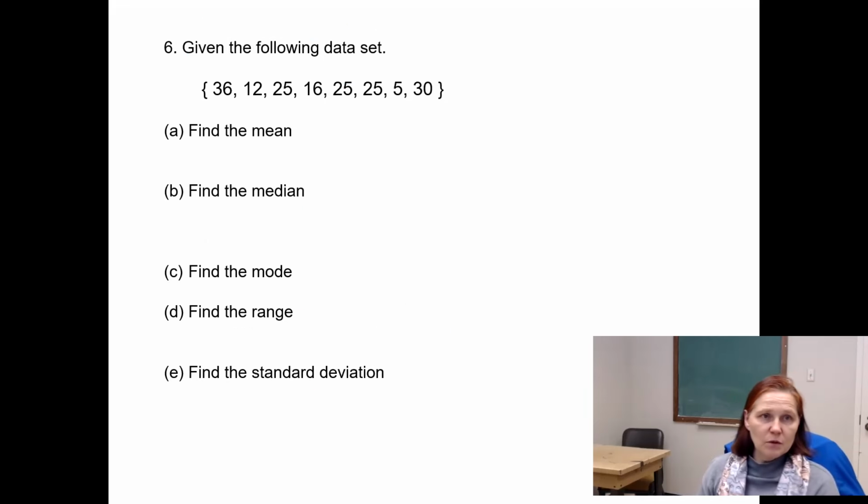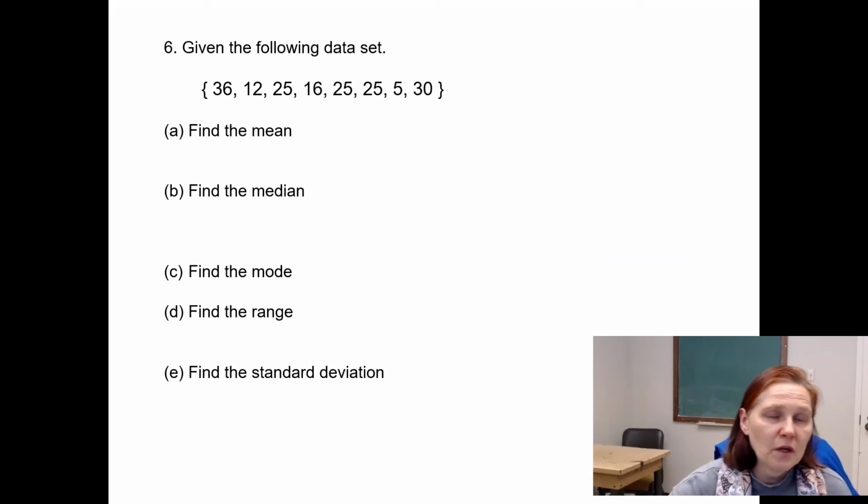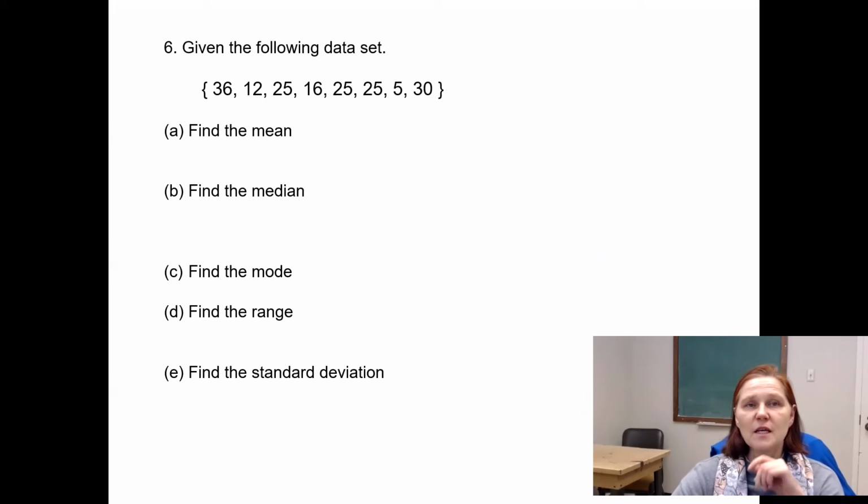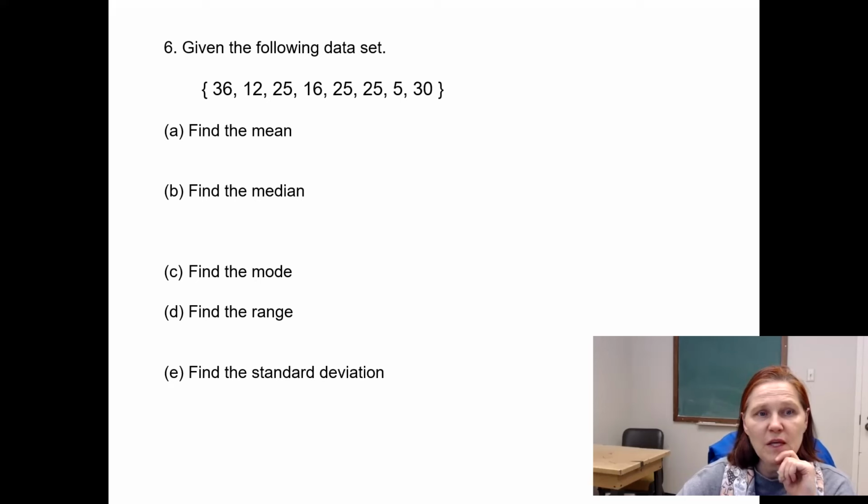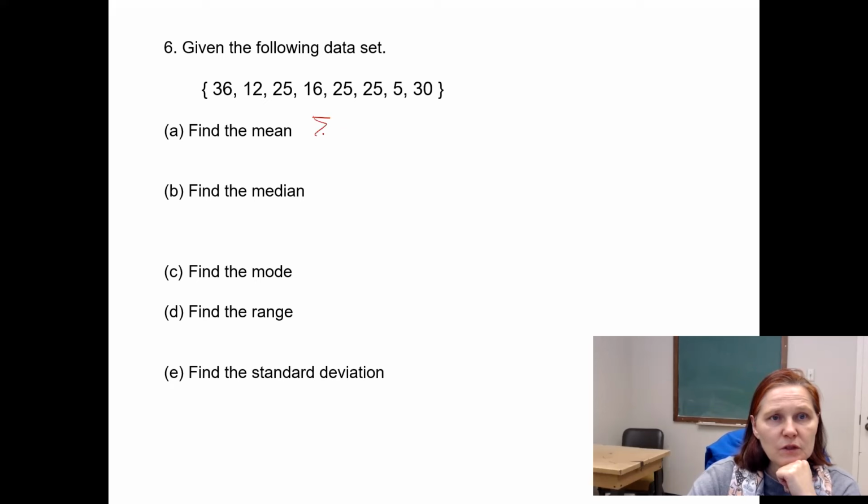And the next problem is from the statistics chapter. We are given a small data set and we want to find mean, median, mode, range, and standard deviation. To find the mean, we just add the numbers, find the sum, and divide by the number of elements. So there are 4 and 4, 8.